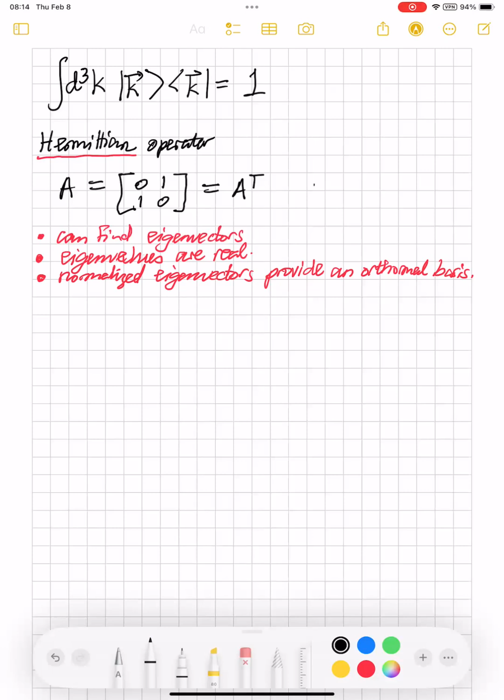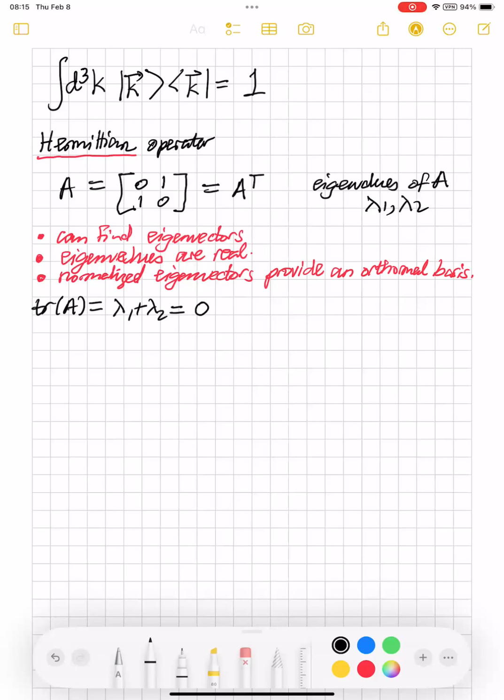So let's call the eigenvalues of A, there'll be two of them, because it's a 2 by 2 matrix. Let's call them lambda 1 and lambda 2. Now, what we know is the trace of A will be the sum of the eigenvalues. And just looking at A there, the trace of A is 0.